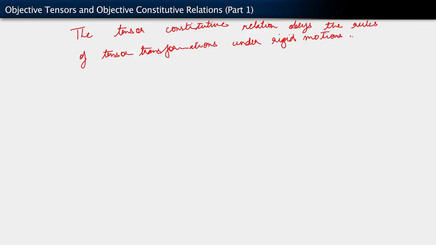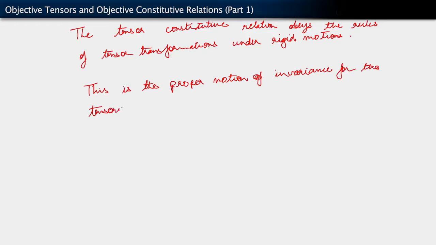Okay, and this is what we mean for this tensor constitutive relation to be properly invariant. This is what we mean by its invariance. This is the proper notion of invariance for the tensor, or maybe I should call it tensorial constitutive relation.